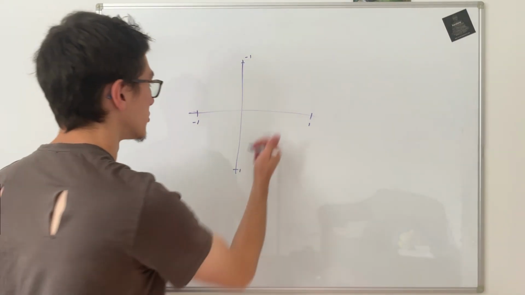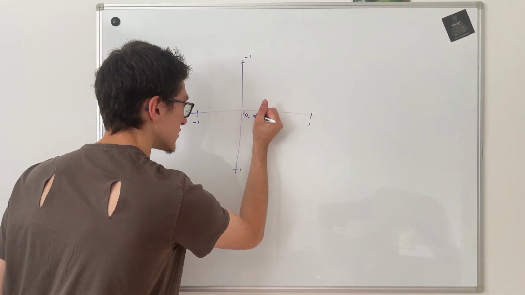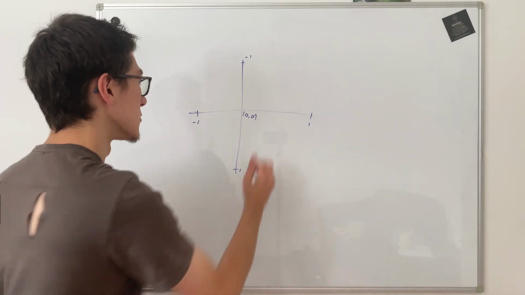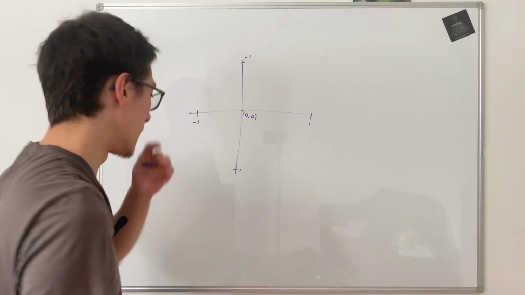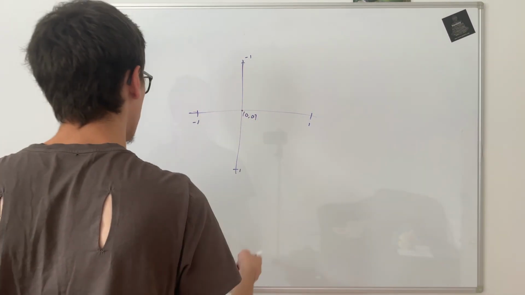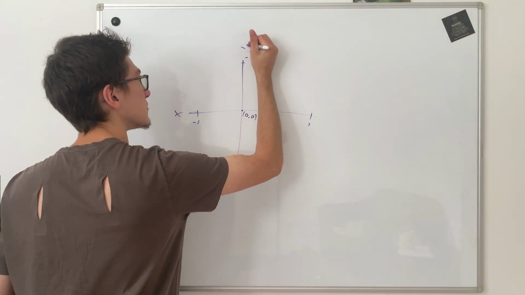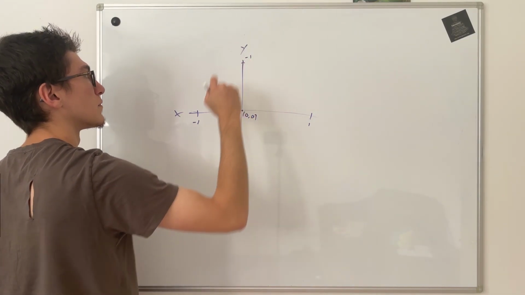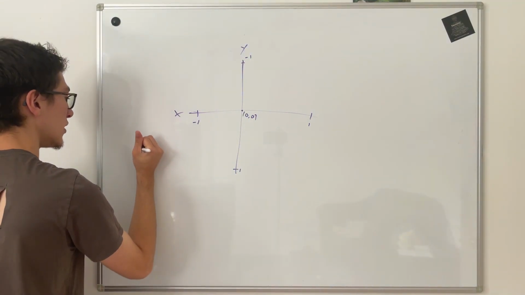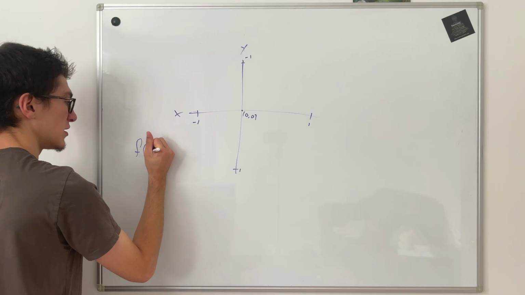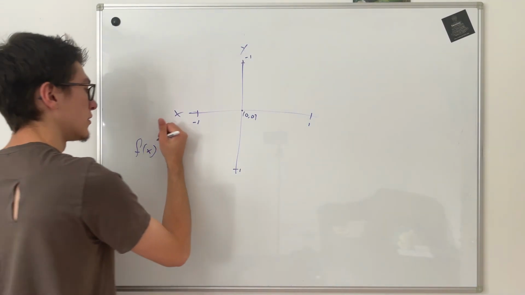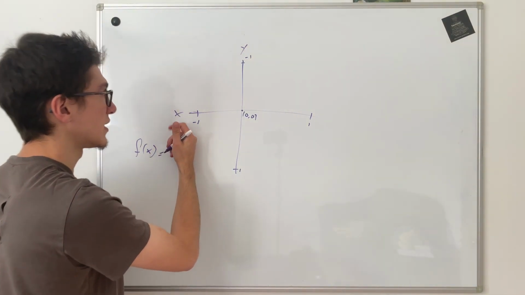So this is our Cartesian plane, right? So we have 0, 0 over here in the middle. Great. So what the reciprocal tells us is that this would be x and this would be y, right?